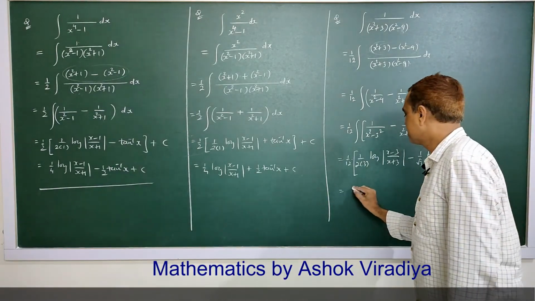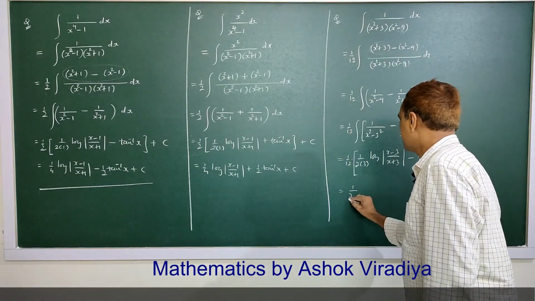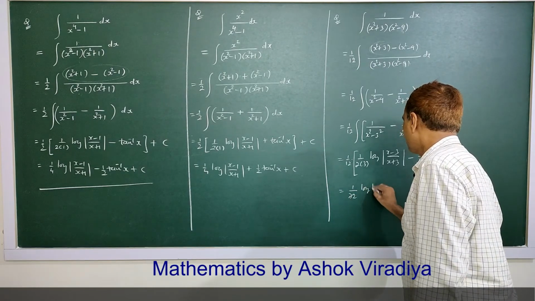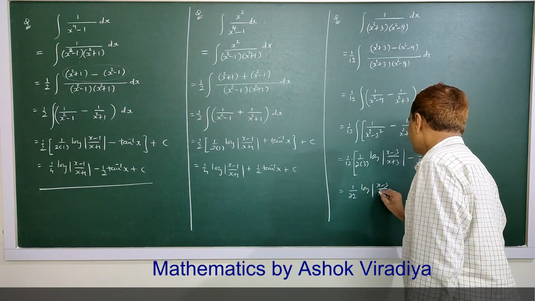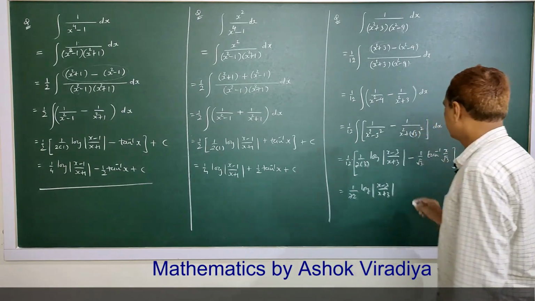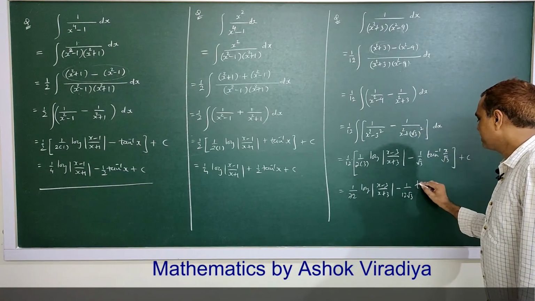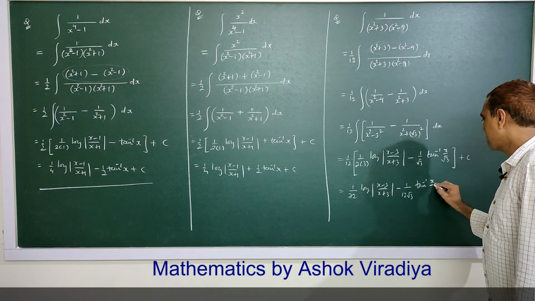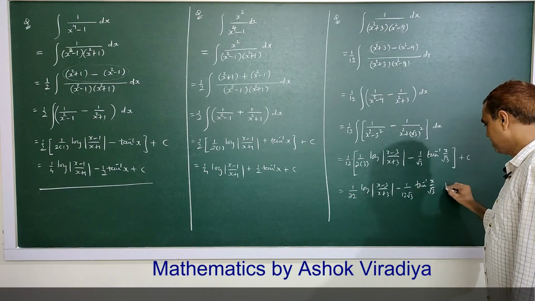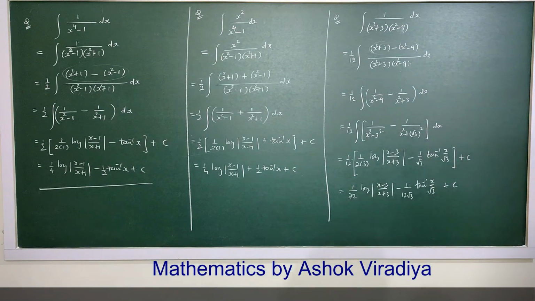So this is 1 upon 72 log mod x minus 3 upon x plus 3 minus 1 upon 12 root 3 tan inverse x upon root 3 plus c. So it is the required integral.